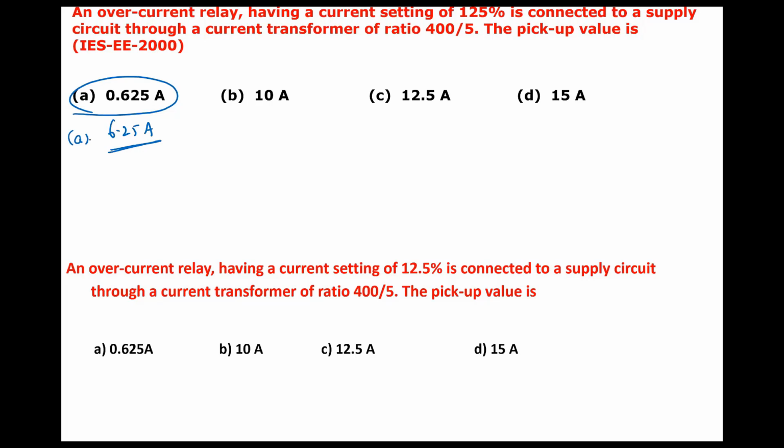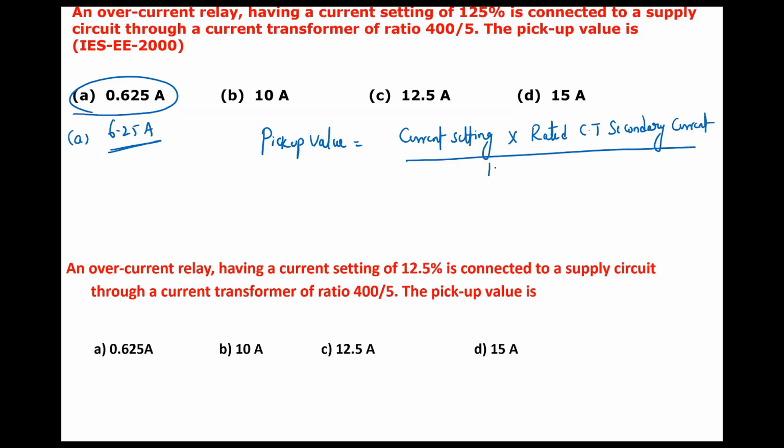So he's asking what is the pickup value? What is the formula for pickup value? Pickup value is equal to current setting into rated CT secondary current divided by 100.